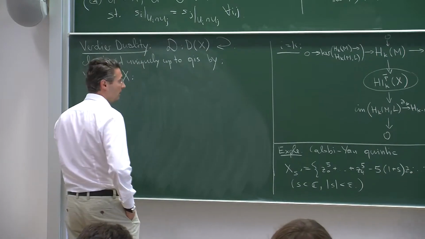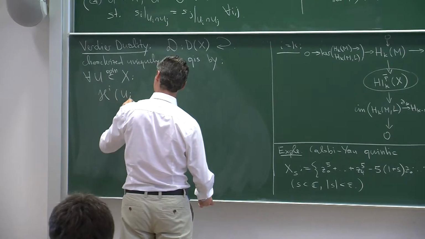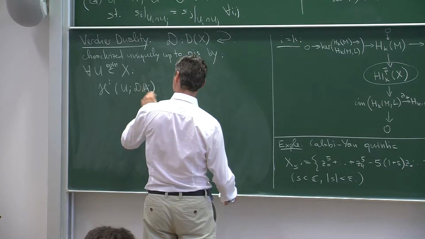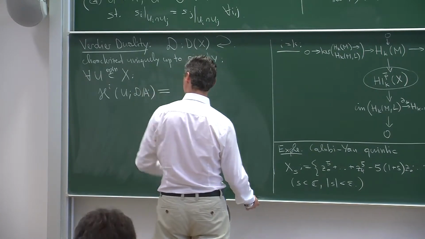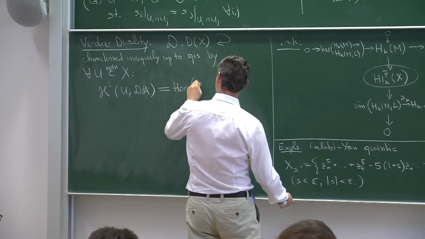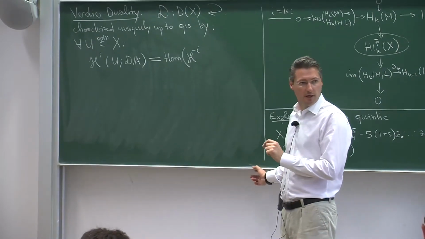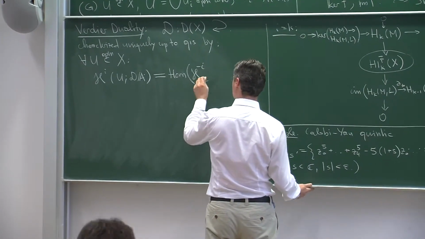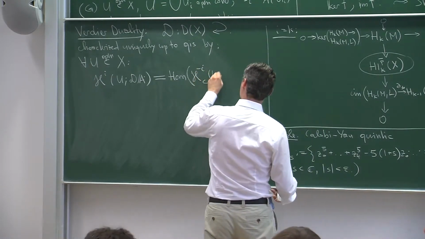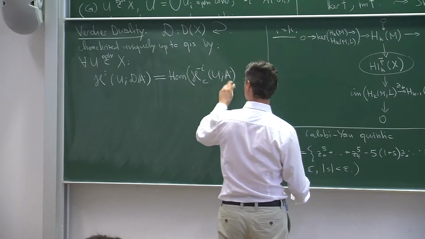in X, the hypercohomology in degree i over U of the dual of a complex A can be computed as Hom, and then you look at hypercohomology in degree negative i with compact supports, so the c denotes compact supports, of U with coefficients in A. And you certainly know what that means.